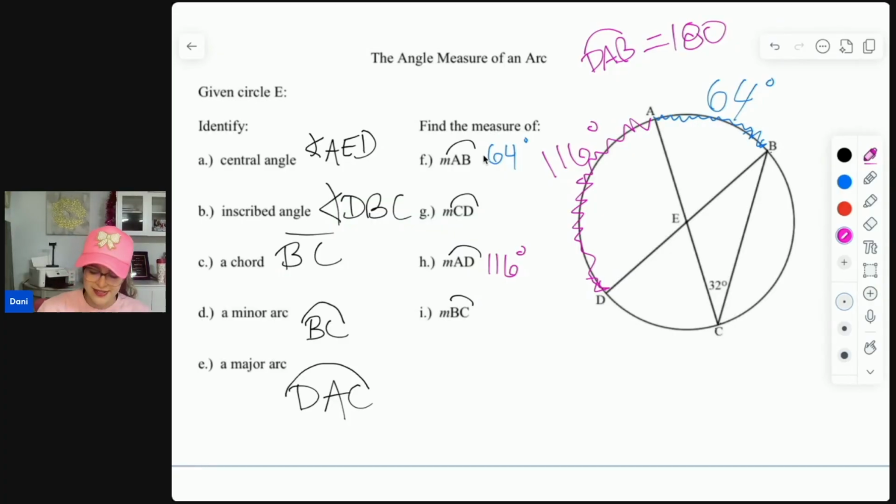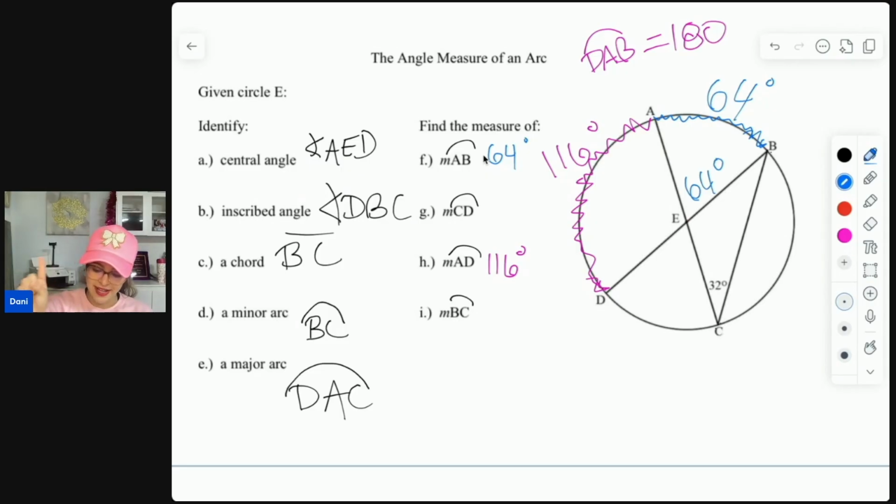All right. Who are we looking for next? We are looking for arcs CD and BC. So now we're looking for the rest of the circle. We know an inscribed angle is equal to half the intercepted arc. What we also know is that a central angle is equal to its arc. So if arc AB is 64, then angle AEB must also be 64 degrees.